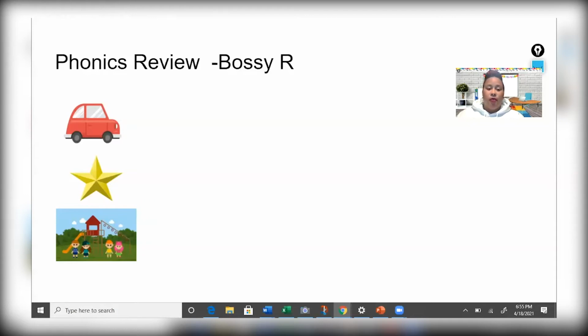R. Look at the picture. Here we have a car. What is it? Yes, car. Listen to the sounds in car: k, r. There are two sounds in car, but there are actually three letters making those sounds. Do you know what letters we need to make the sounds? Which letter is making a k?